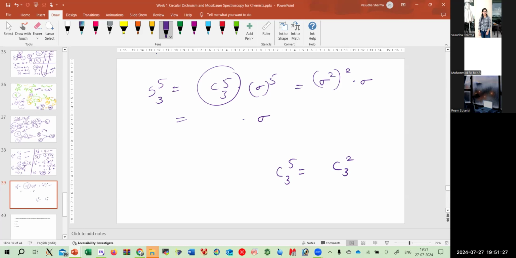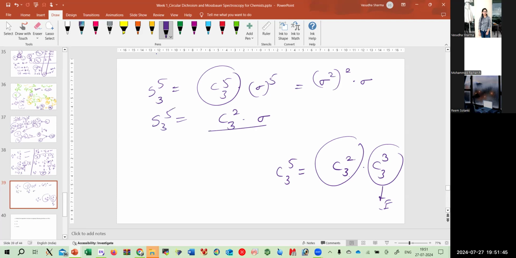It is nothing but a multiplication of C32 and C33. C33 is what? Identity. So we ended up having C32. So this is C32 into sigma. So this particular operation is not there yet. So this is an individual operation. So this exists. This will be counted.